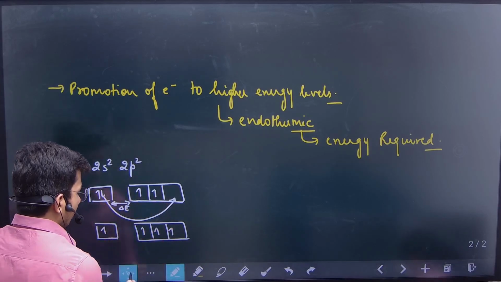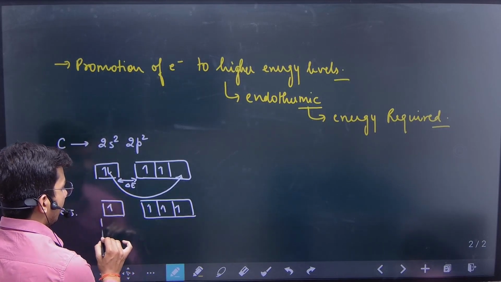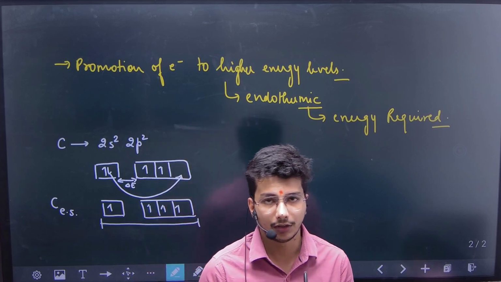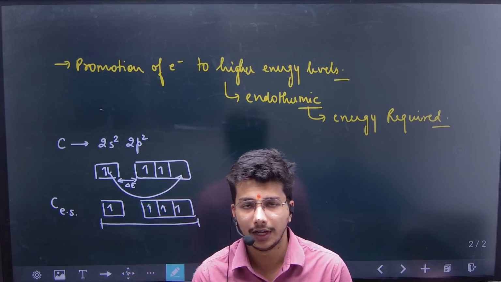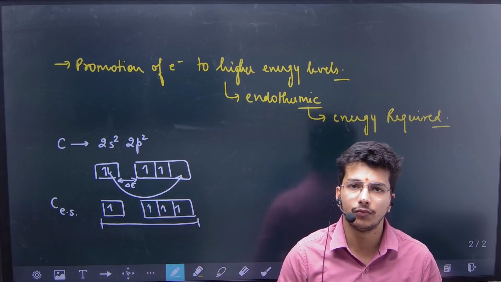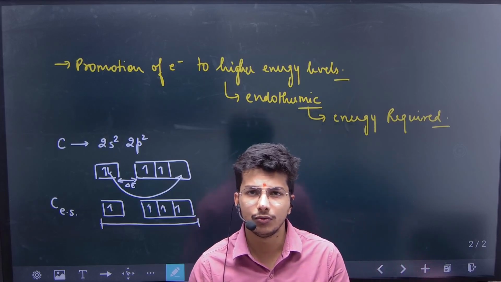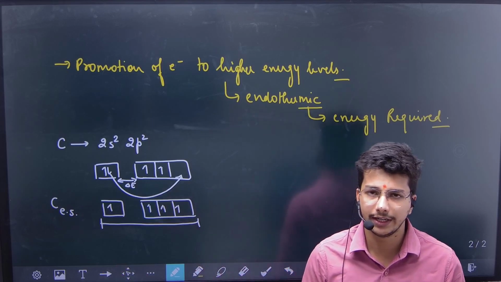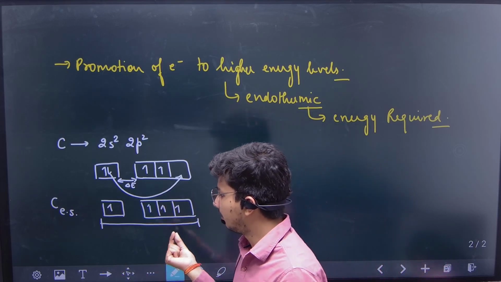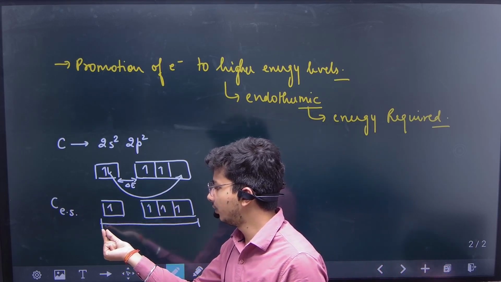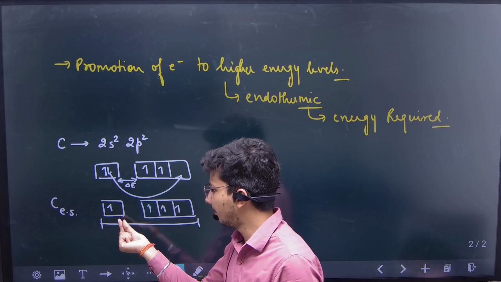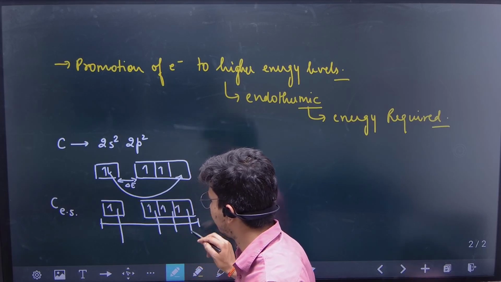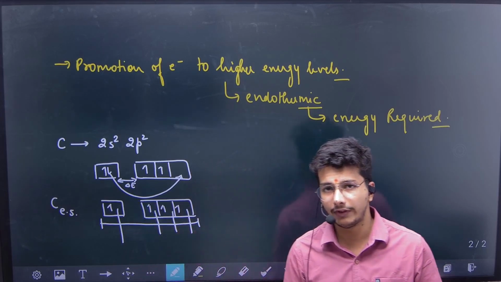Now we can see that there are 4 orbitals which have only one electron, and hence carbon can form 4 bonds. And we can see carbon forming 4 bonds from CH4 to CCl4 and many other cases in organic chemistry. One thing we can understand here is that s forms one bond and p forms three bonds, but this is also not factually correct.